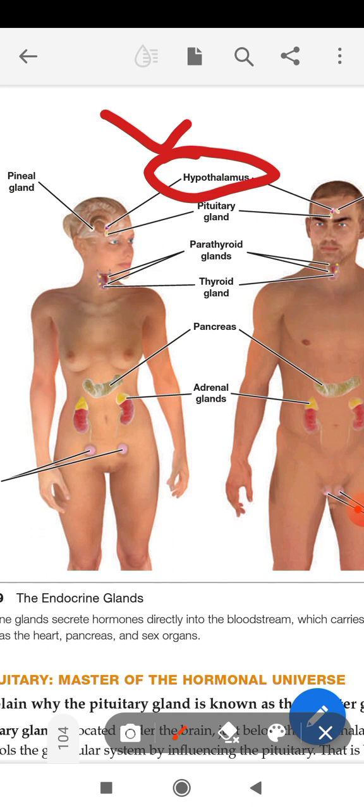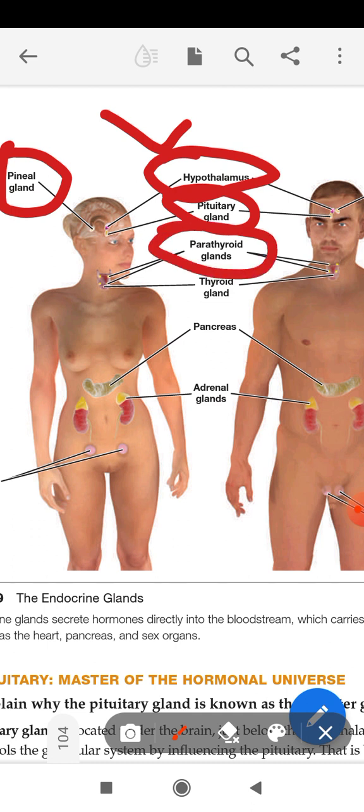How does it do it? I will explain it. Below the hypothalamus there is the pituitary gland, and behind the pituitary gland there is the pineal gland, and the parathyroid gland and thyroid gland are both at our neck.